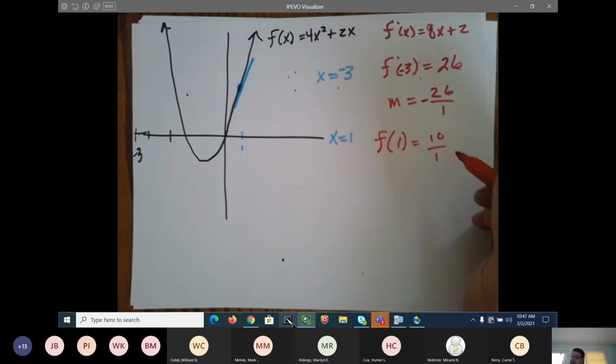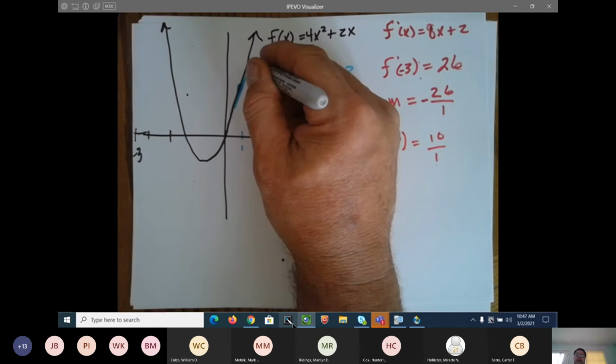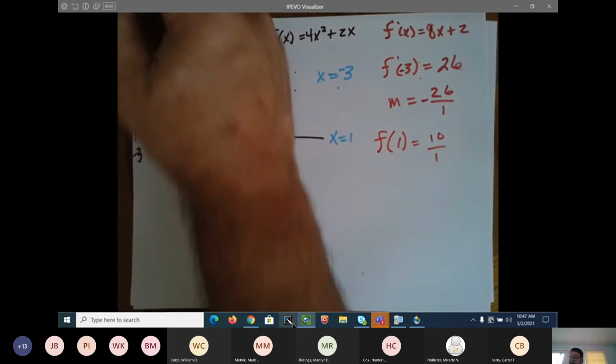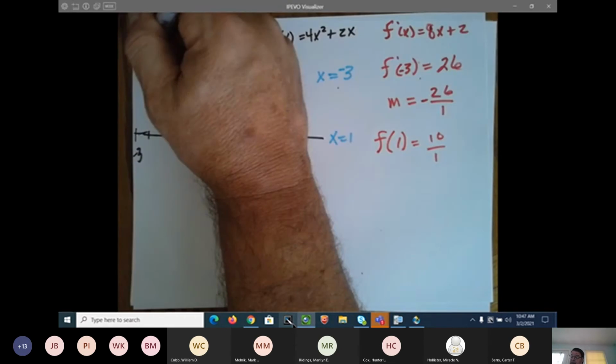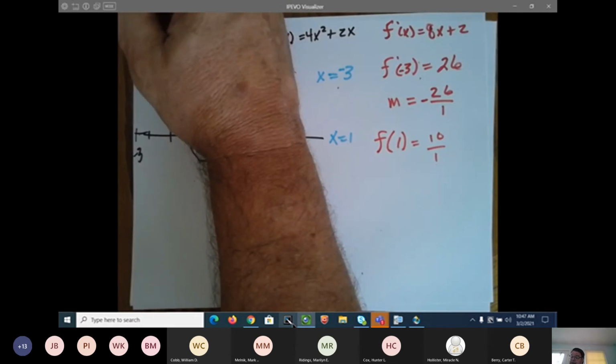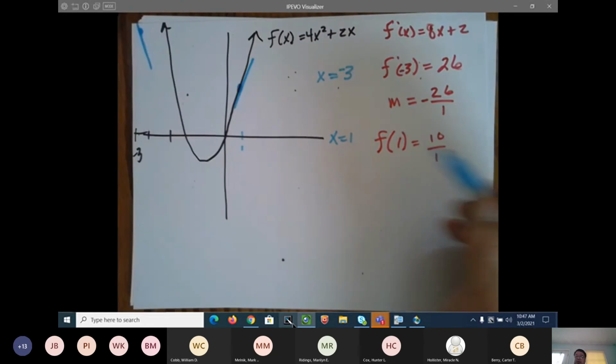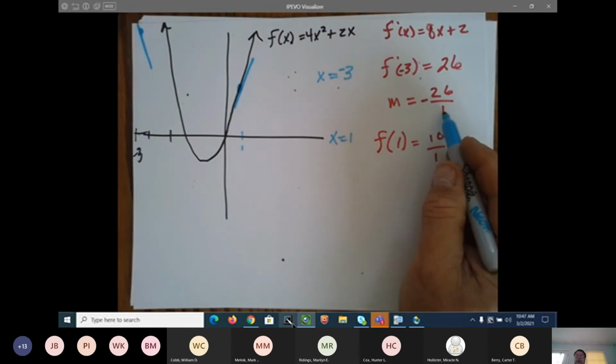So the slope of this line is 10 over 1. And the slope at -3, we can't see it, but it would be up here, steeper than that. It would be -26 over 1.